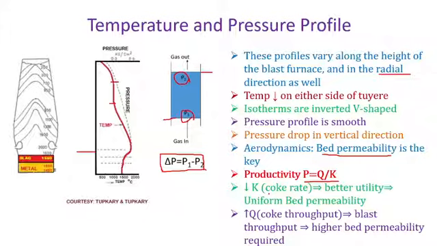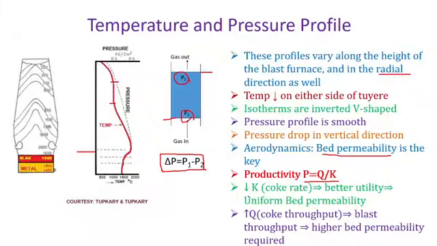So we can increase the productivity either by increasing the coke throughput or decreasing the coke rate. If K decreases, then P increases. If Q increases, then P increases.